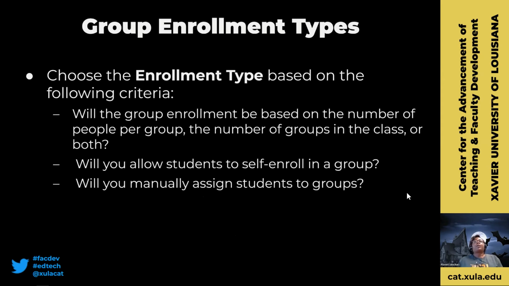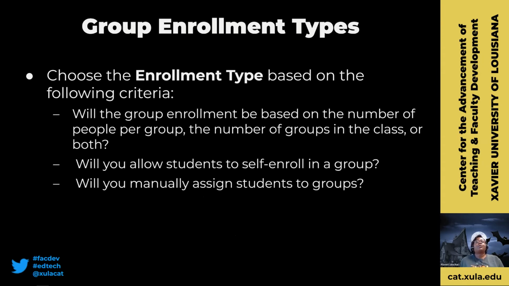Also, when you're creating groups, you have to choose an enrollment type. And the enrollment type basically is how the group is formed. Is it based on the number of people that are going to be in the group, or the number of groups that you need in the class? Or are you going to be manually enrolling students in the group? Can they self-enroll?